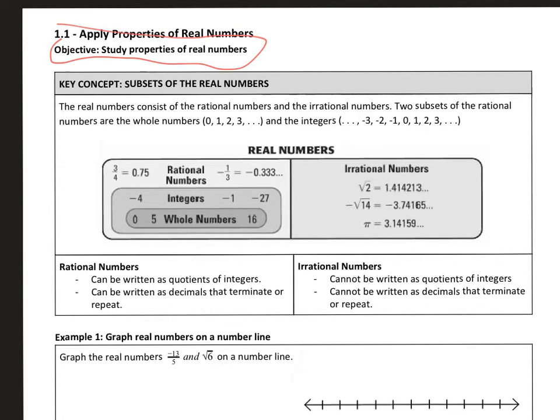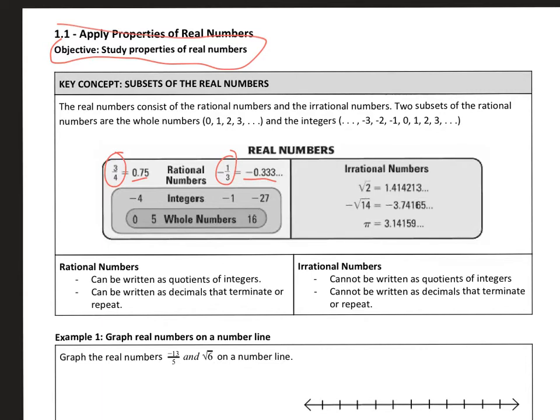Rational numbers can be written as a fraction of two integers. Those create decimals that either terminate, like 0.75, or repeat, like negative 0.3 into infinity, okay? So those are the biggest set of those rational numbers.